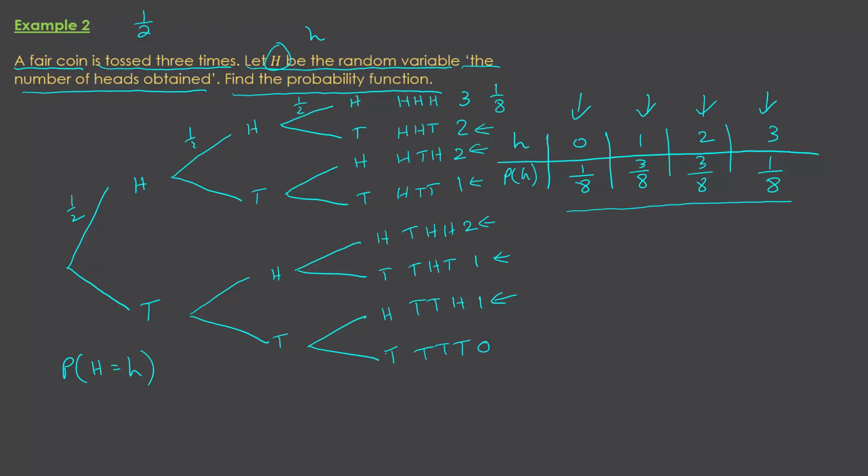There are, of course, other ways that you could have expressed this. So, for example, we might have decided that we were going to do it graphically. And so we would have the probability of h up here and the values of h along here. And then we would have 0, 1, 2, and 3.